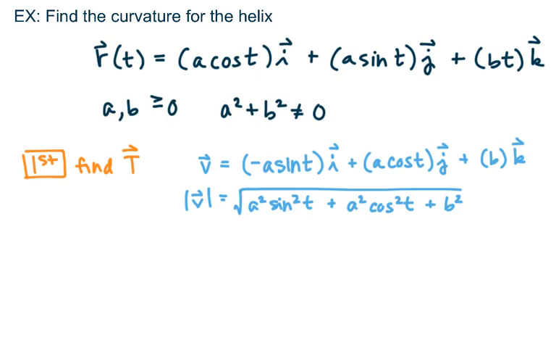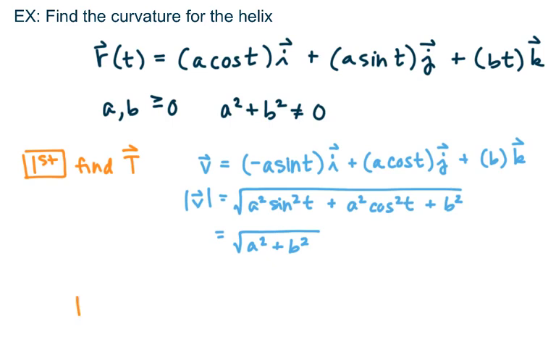If I factor out sine squared plus cosine squared from these two terms, got the a squared in front, that's going to become a squared times 1. So we end up with the square root of a squared plus b squared for the magnitude.